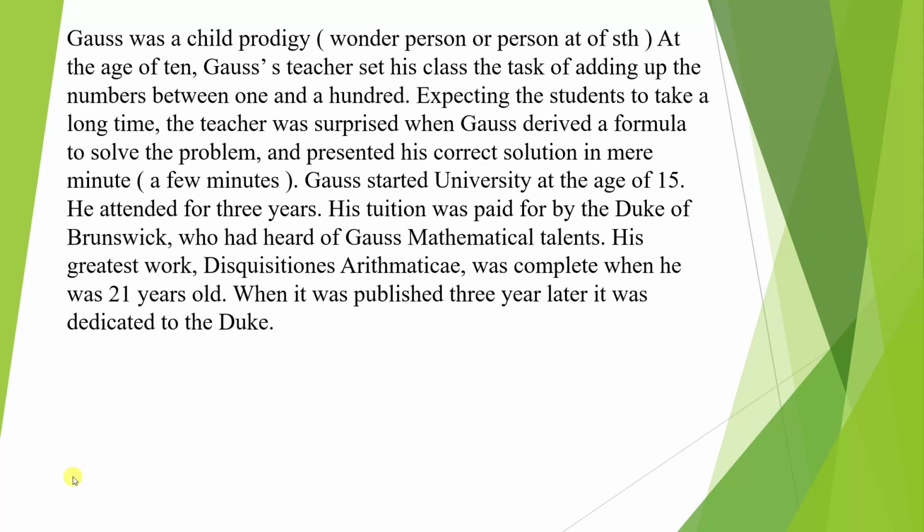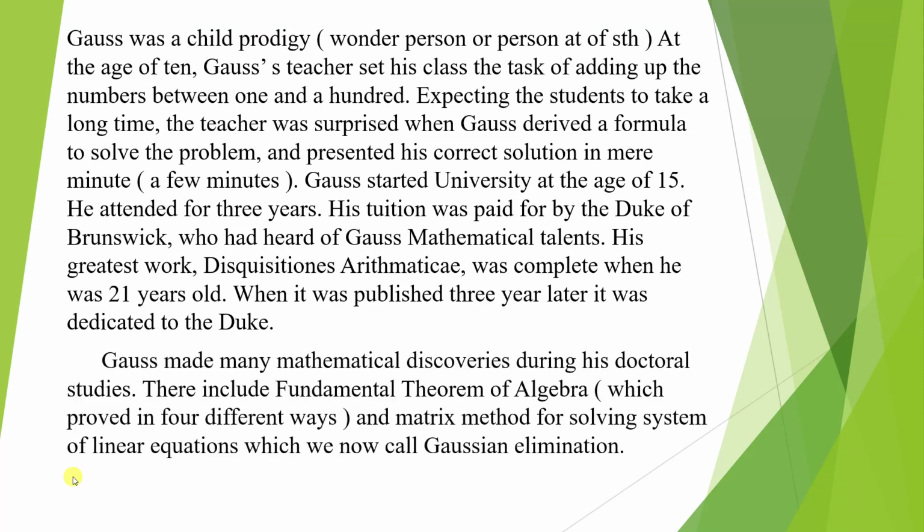His tuition was paid for by the Duke of Brunswick, who had heard of Gauss's mathematical talent. His greatest work, Disquisitiones Arithmeticae, was completed when he was 21 years old. When it was published 3 years later, it was dedicated to the Duke.